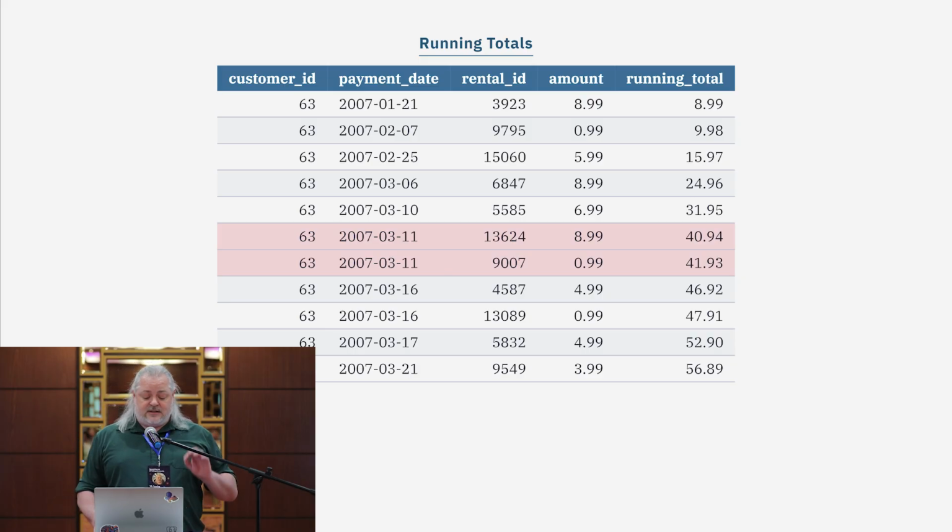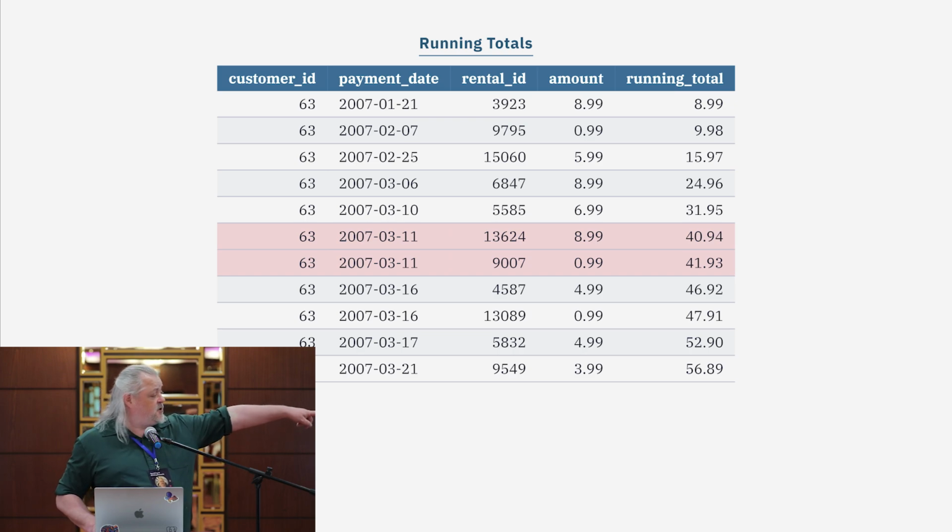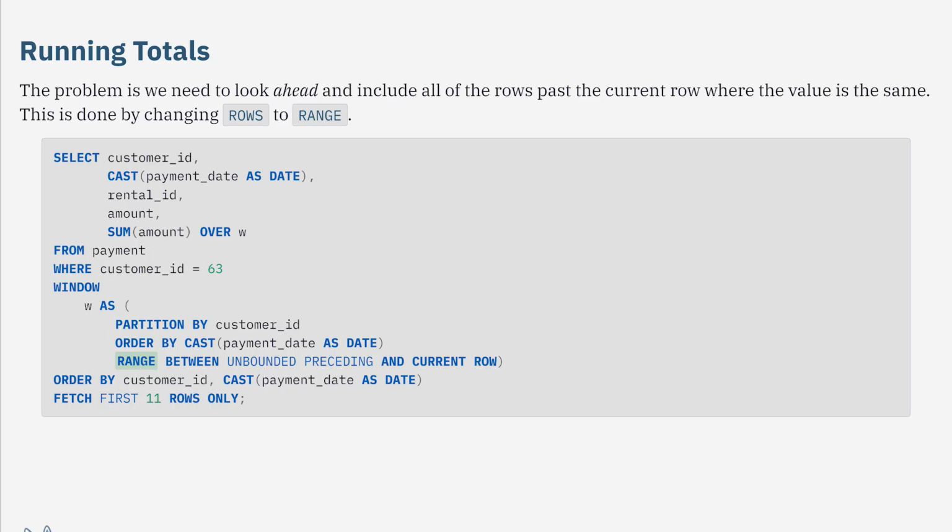So the way to fix that is very simple. In this query I have ROWS BETWEEN UNBOUNDED PRECEDING AND CURRENT ROW. Instead of saying that, I just changed one word. I changed ROWS to RANGE. And this one will now look forward for any what's called a peer row.